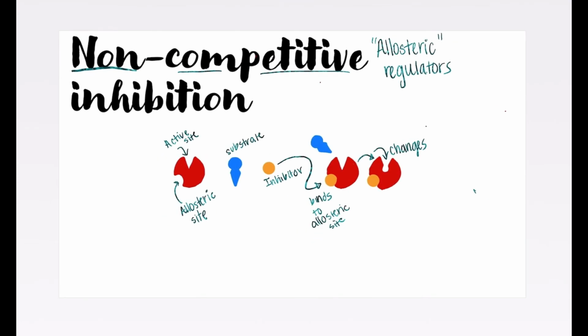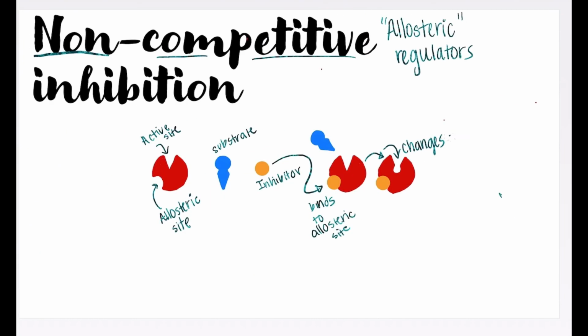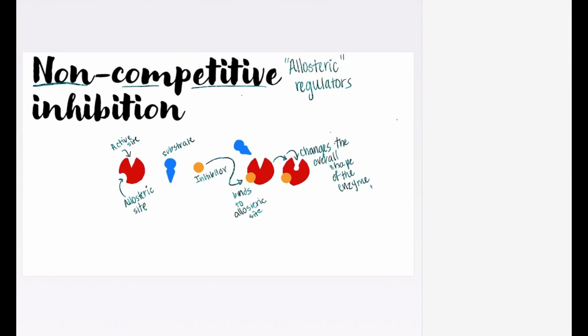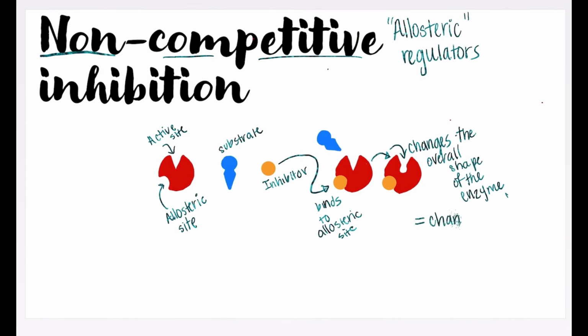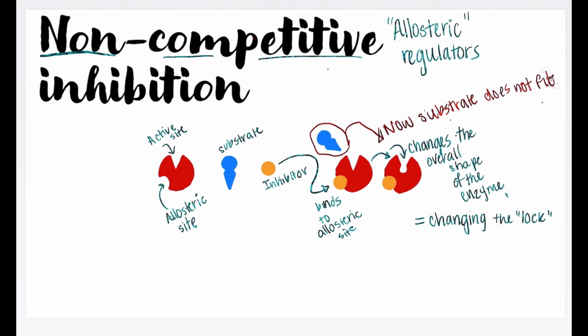When we change the shape of the active site, we're basically completely taking away the ability of the substrate to bond with this enzyme because of that high specificity. It's no longer going to work. It's similar to if we were to change the lock. We've changed the lock, and now that substrate doesn't fit in that lock anymore.